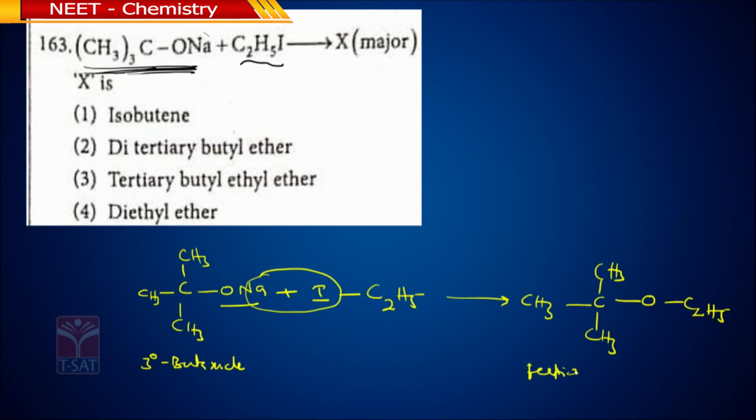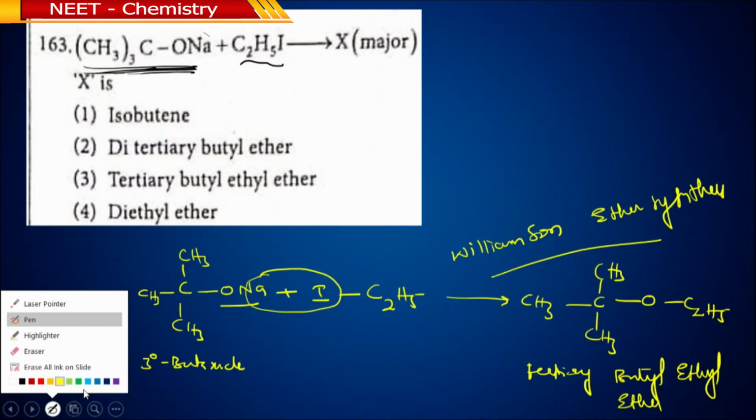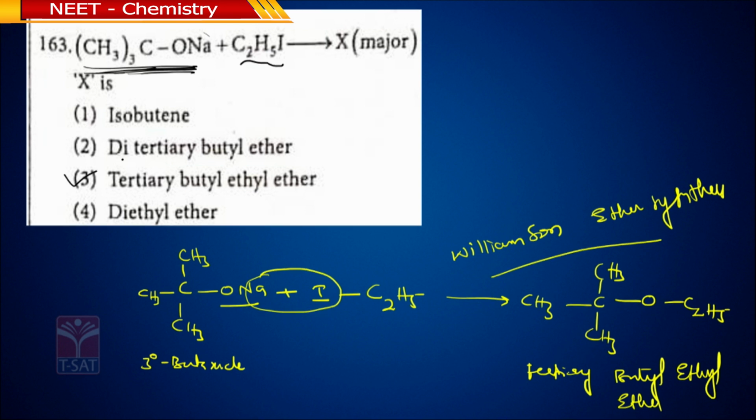This reaction is called Williamson ether synthesis. What do we mean by Williamson ether synthesis? Sodium alkoxide is taken and reacts with an alkyl halide to get an ether. So the answer is tertiary butyl ethyl ether, the third option, since the question is asking for the product, right?